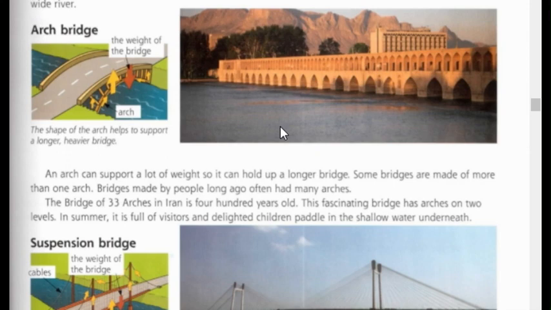In summer it is full of visitors and delighted children who paddle in the shallow water underneath. إذا بيلعبوا بالمي الضحلة، ما بتكون عميقة كتير. هذا الجسر مو مبني على مي عميقة، مي ضحلة shallow. تحت الجسر بيلعبوا الأطفال بفترة الصيف.